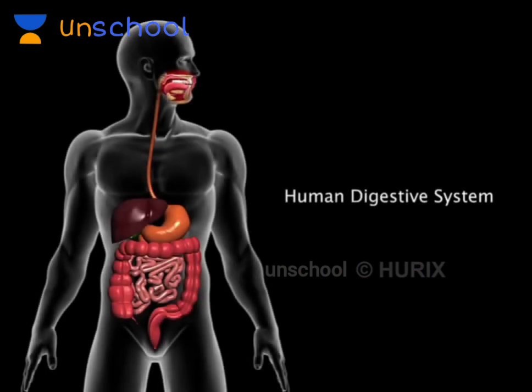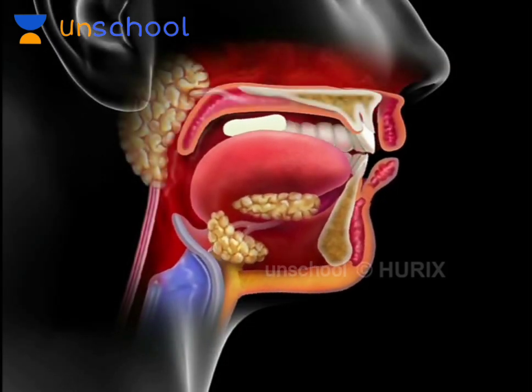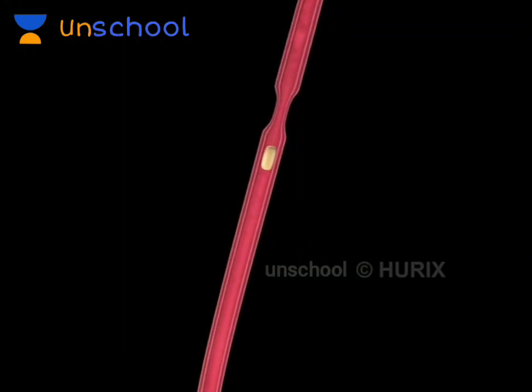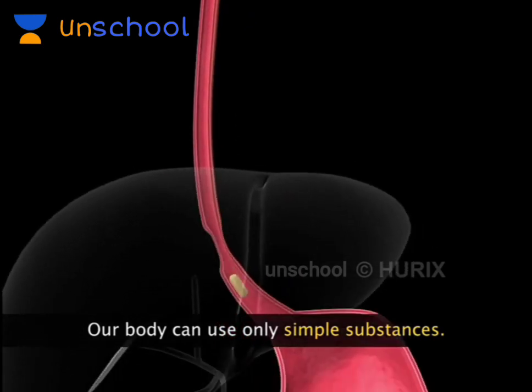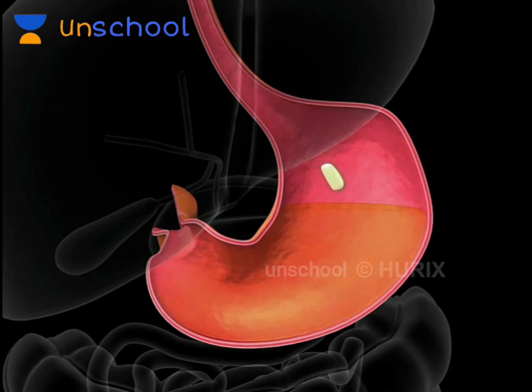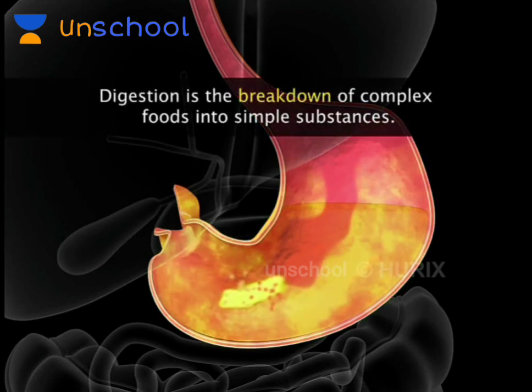Let's go back to our digestive system once again. We ingest complex substances. But the cells of our body can use only simple substances. So, the food is digested or broken down by the digestive juices.